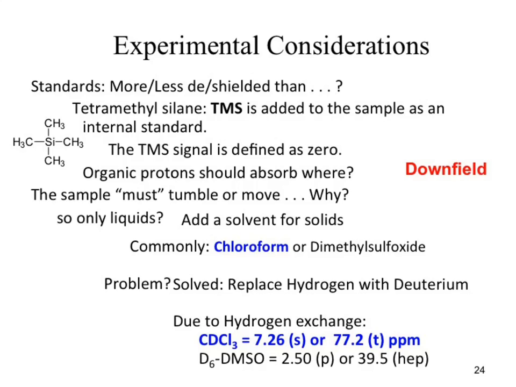So be aware those can show up. If you look at the spectroscopy packet, the ones labeled A, B, C are all real spectra. So the IR was taken off of an instrument at ASU. The HNMR and the carbon NMR were also taken off of an instrument at ASU. Okay, that was during the summer where they had that minor meltdown.